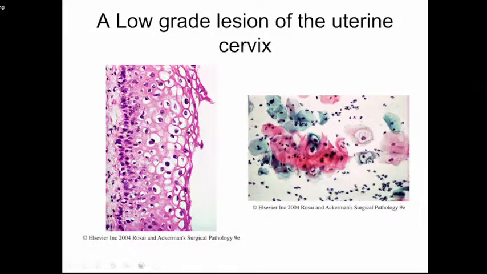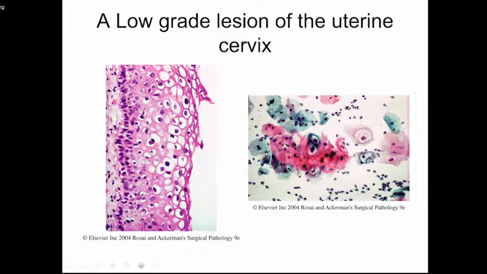The typical koilocytes: perinuclear halo, very distinctive, and an abnormally large nucleus. This would be a normal nucleus of a superficial squamous cell. You can see that these are larger and darker and abnormal. Okay, so that's how we recognize them on a pap smear.